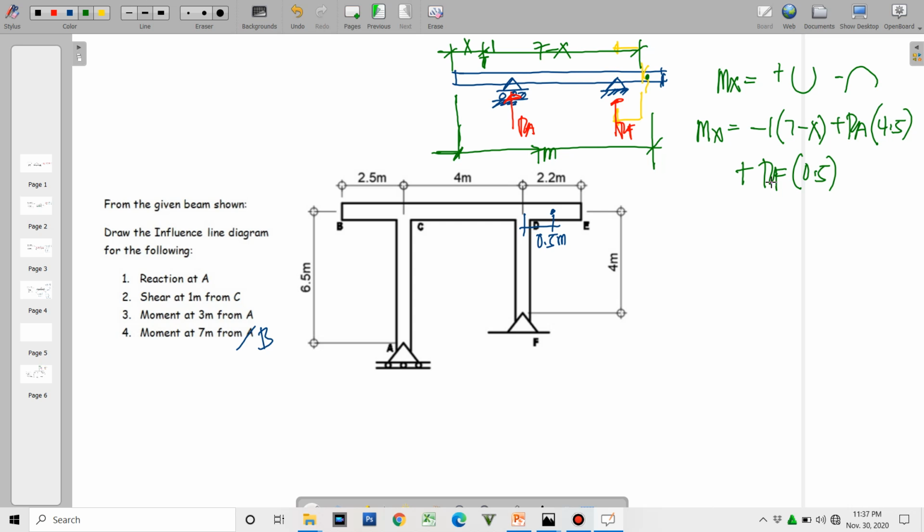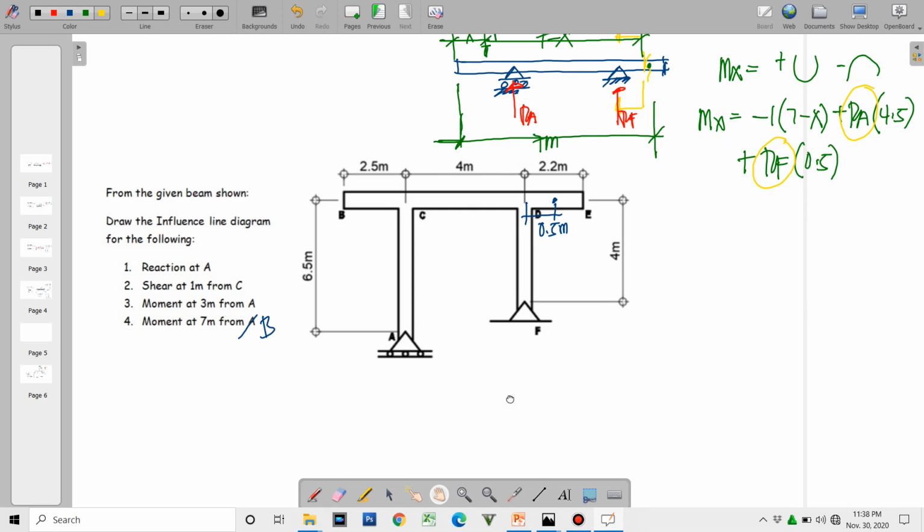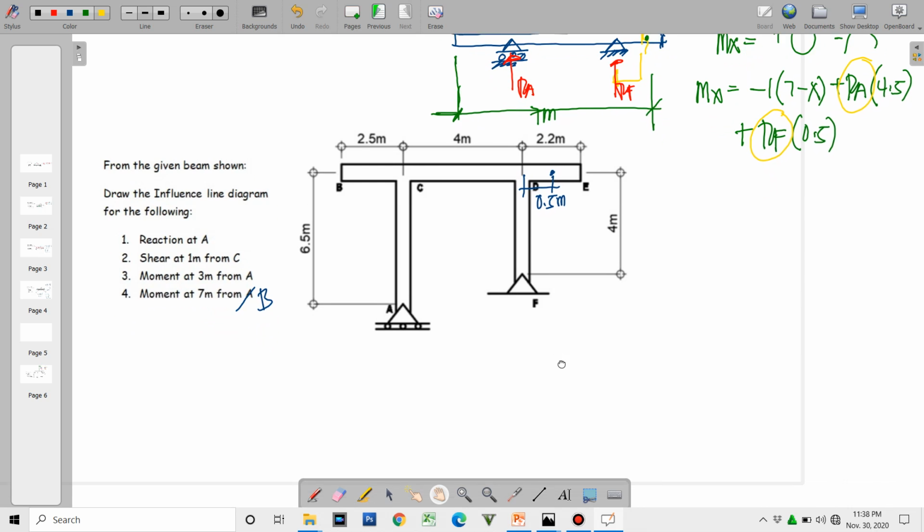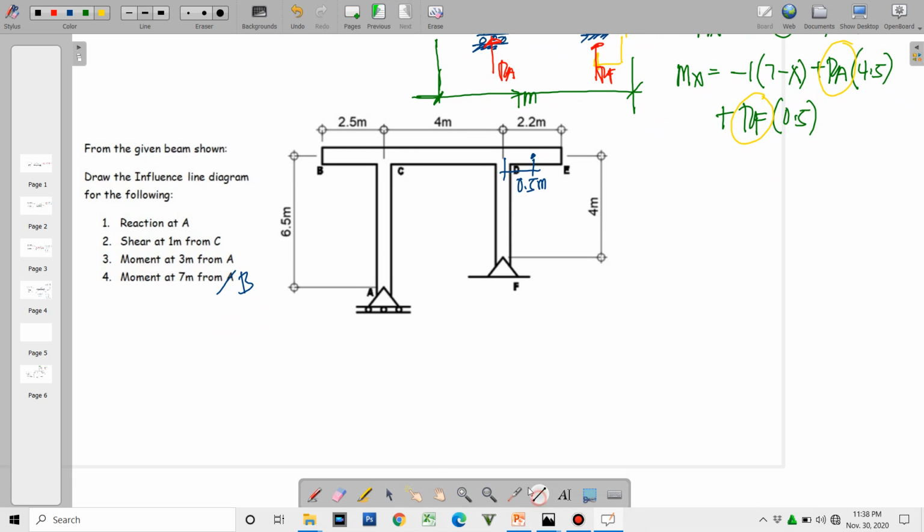So your moment equation includes the value for RF and RE as well. So we will be needing the influence line diagram for RE and RF. Illustrating our ILD for RE, see, this is for RE.